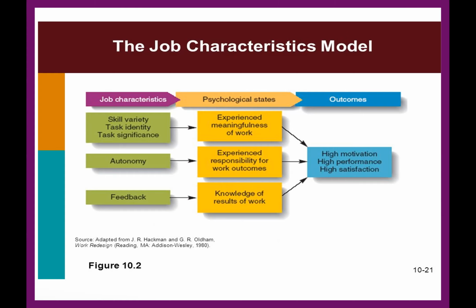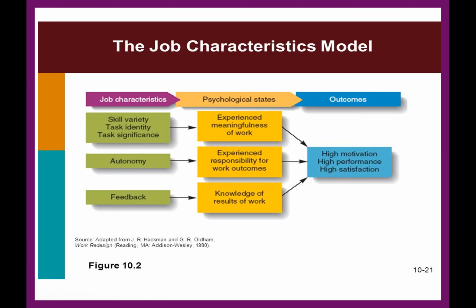The second element is task identity. Task identity means whether the employees have to complete the task from the beginning to the end of the product or the service. For example, if the employees are just responsible for a part of the job instead of being involved in the whole process of the production or the service provision, in this case the task identity will be low.